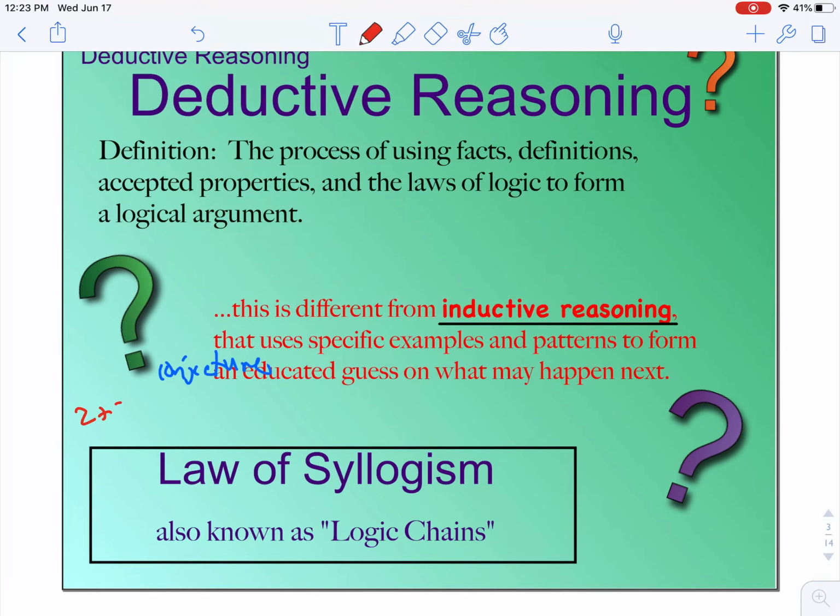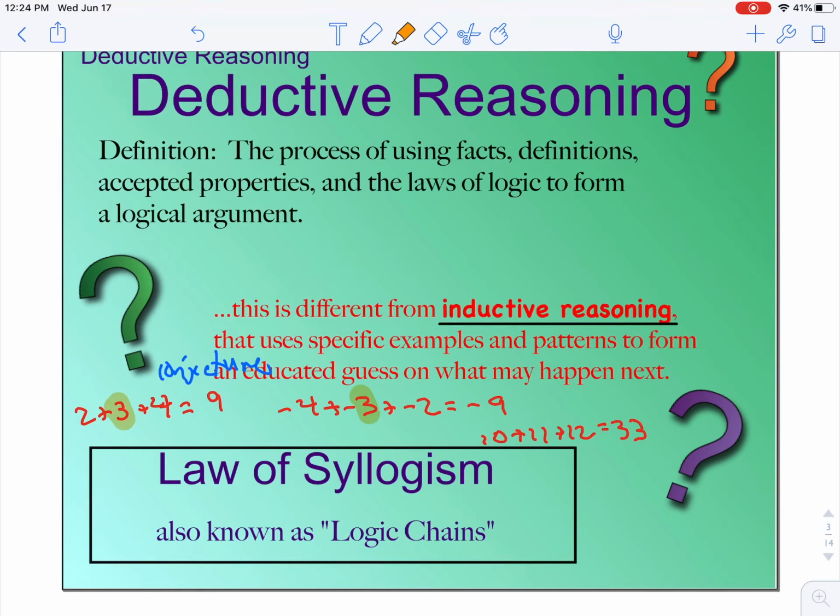So what's the difference? With inductive reasoning, we look at some specific examples, like 3 consecutive integers: 2 plus 3 plus 4 equals 9, or -4 plus -3 plus -2 equals -9, or 10 plus 11 plus 12 equals 33.